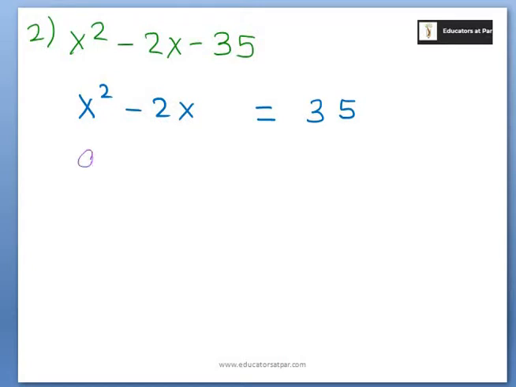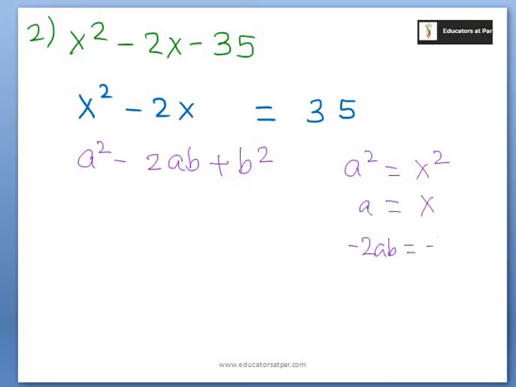When you compare a² − 2ab + b², because here the sign is minus, a² is x², that means our a is x, and −2ab is −2 × x × 1. So b is 1. b² is going to be 1², which is 1.